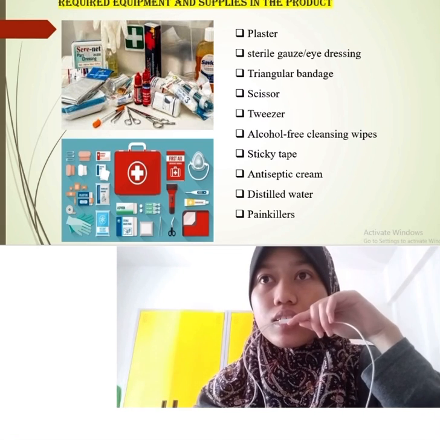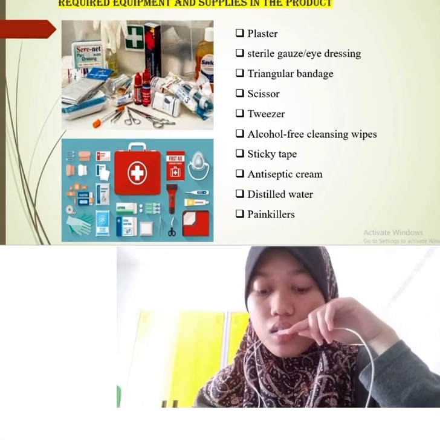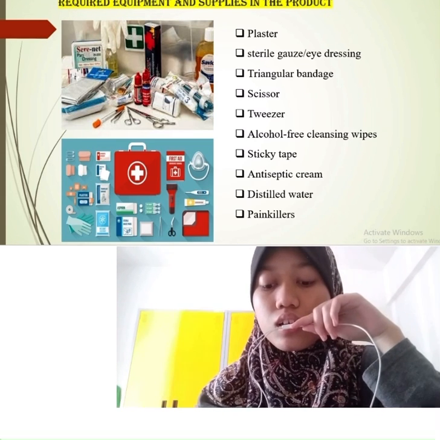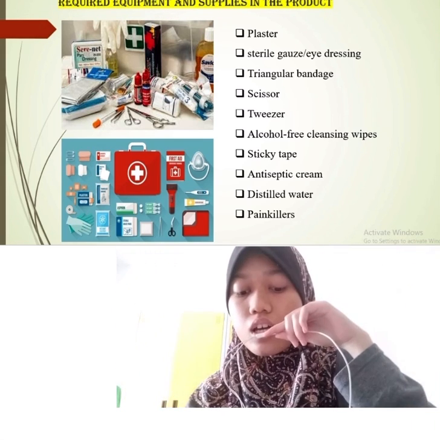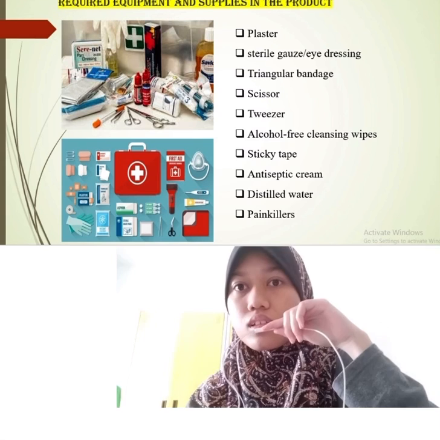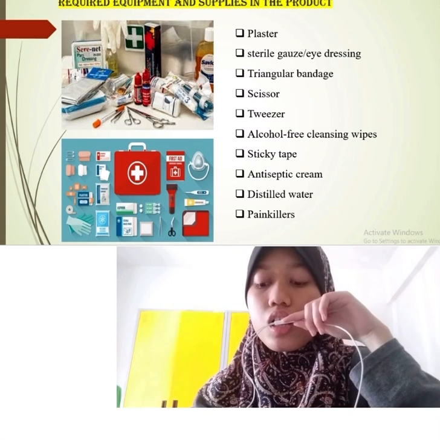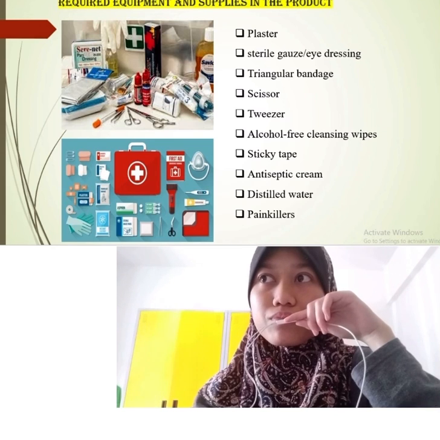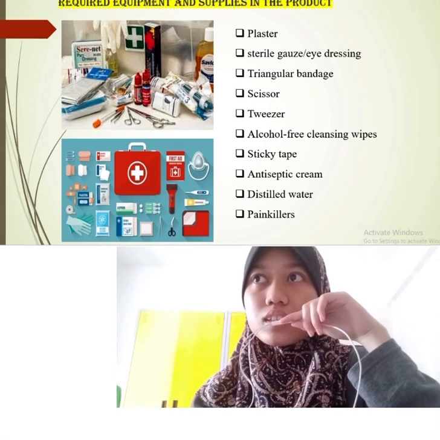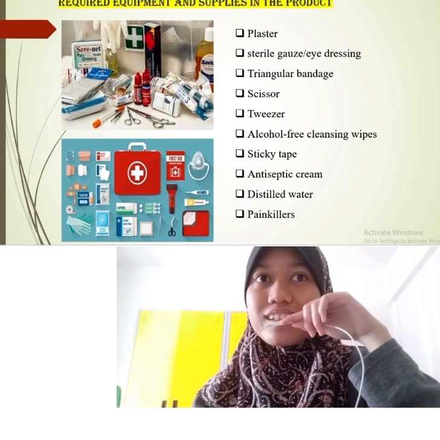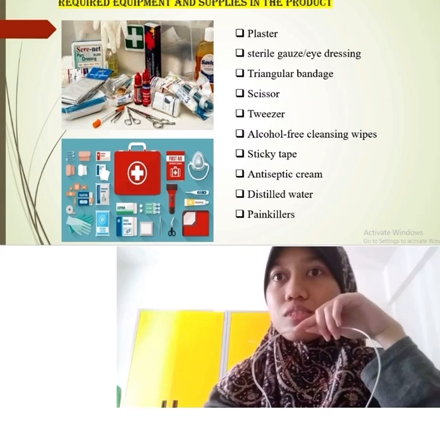Then we have sterile gauze eye dressing. Sterile gauze is used to cover a wound to keep it protected and clean from any bacteria. There are two types, silk and cotton, but the most common that we use is cotton.